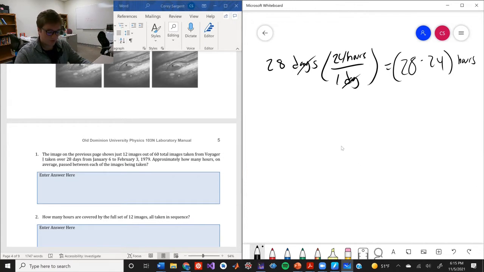Well, in those 28 times 24 hours, we take 60 images, and we're going to assume that those images are taken equally spaced apart, which they are. They're separated by 1 Jupiter day. But we want to know how many hours that is. So we take the total amount of hours we have, which is 28 times 24, total hours divided by the number of images we have.